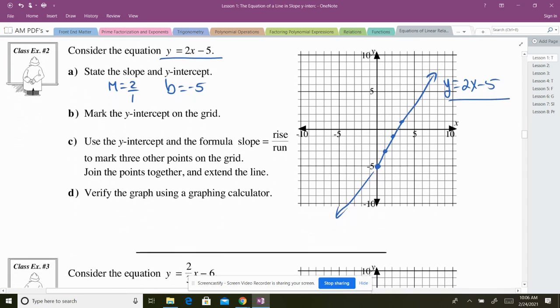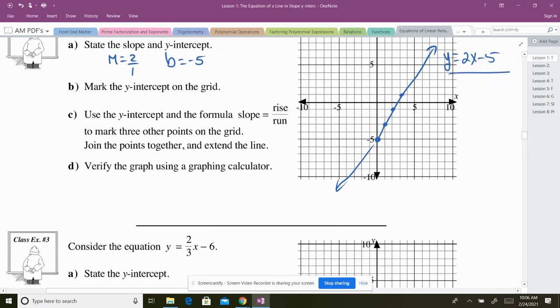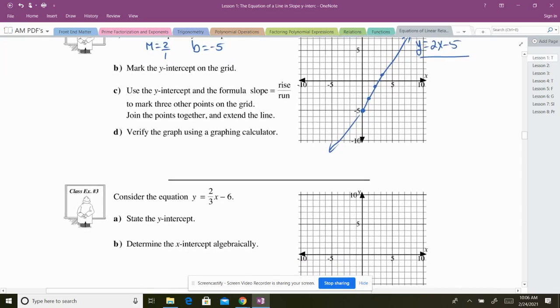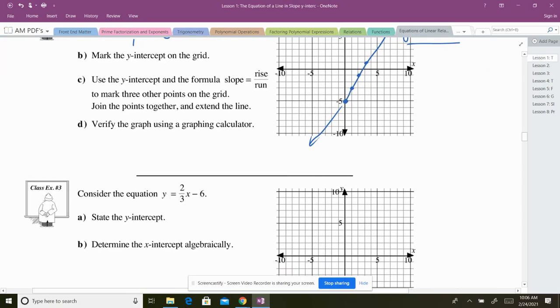All right, one more and then we're done. y is equal to 2/3 x minus 6. What's the y-intercept? b is equal to negative 6. What's the slope? 2 over 3.